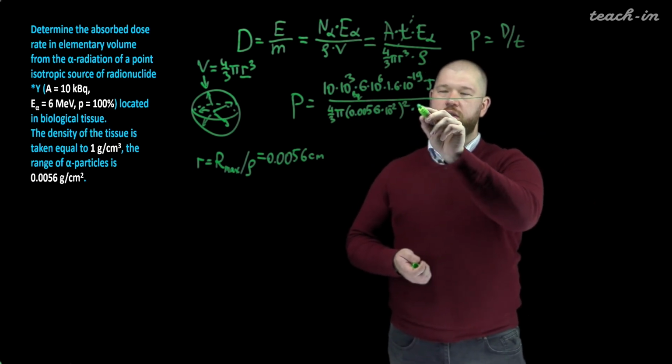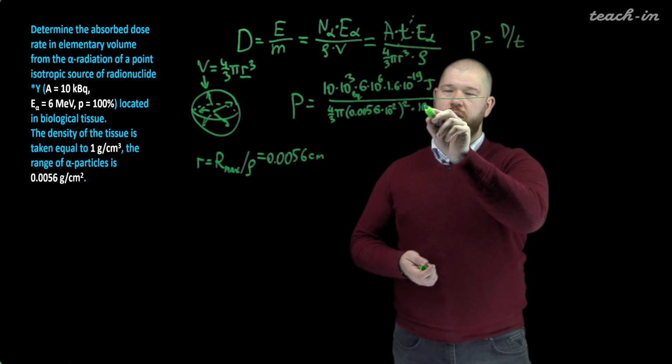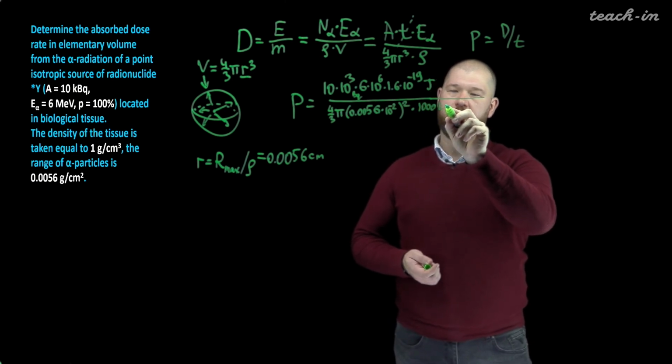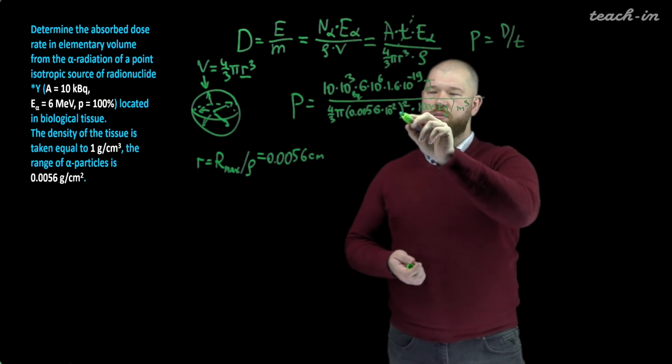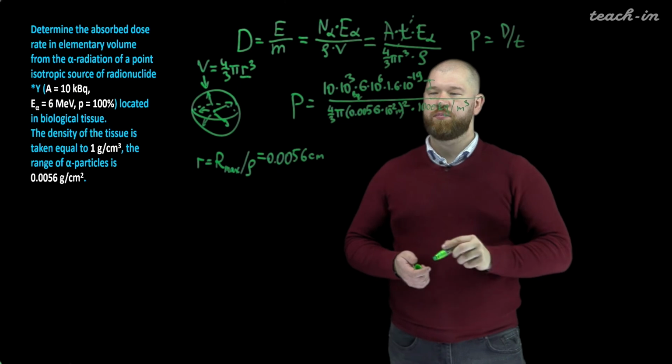And density is equal to 1000 kilogram per cubic meter. So here it's meter.